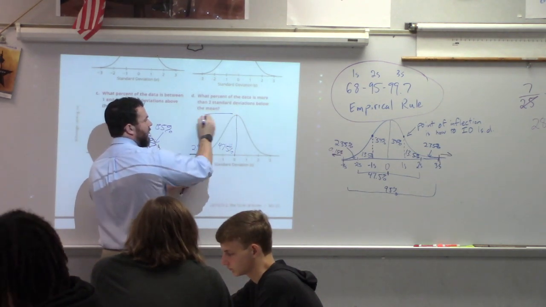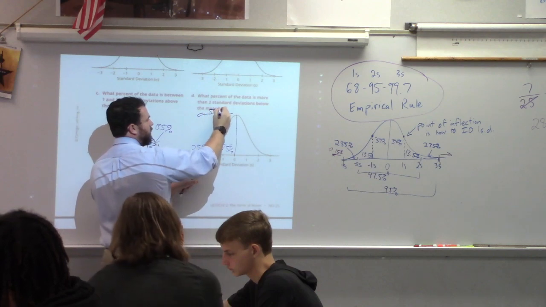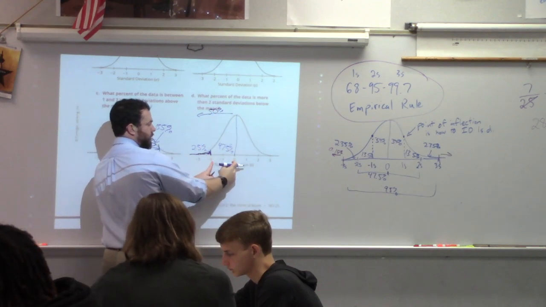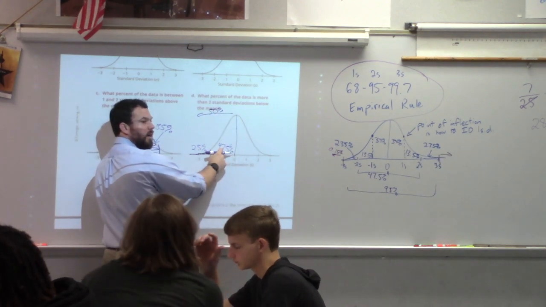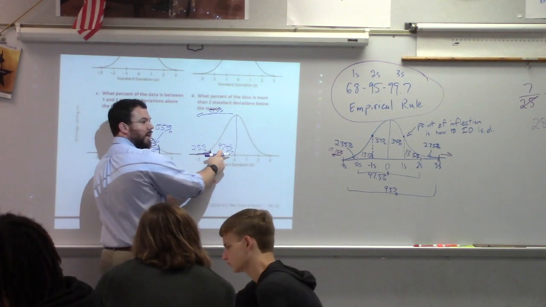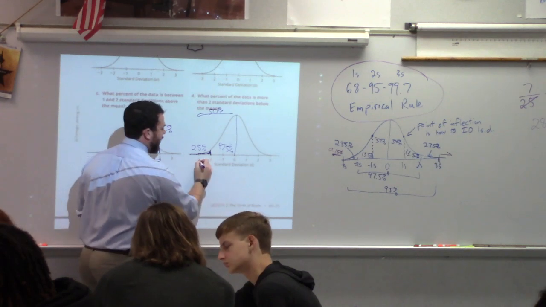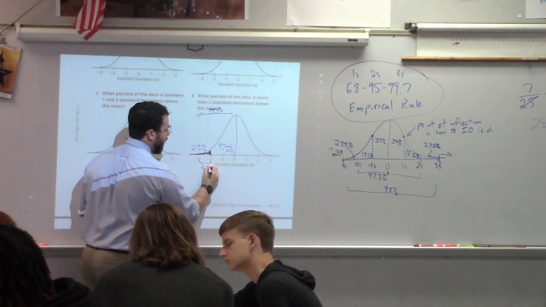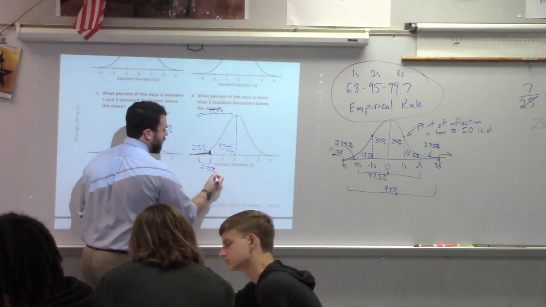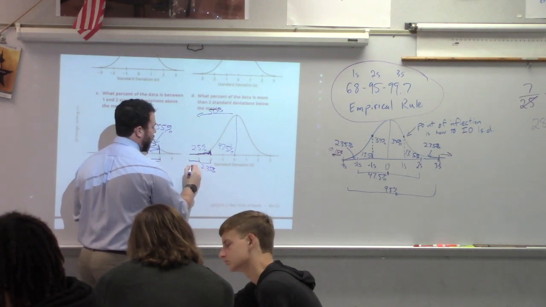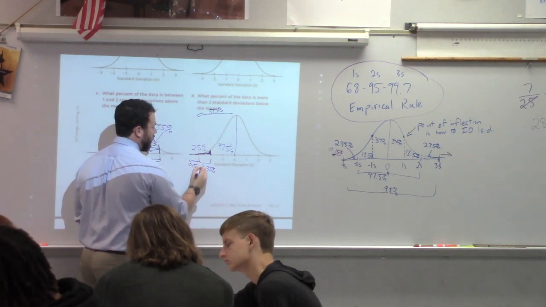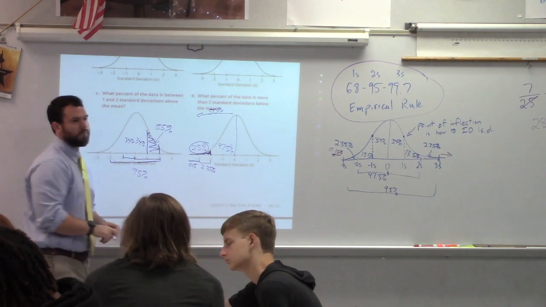Remember, half is to the left. And then we all recognize that between 0 and -2 is 47.5, right? So what do I need to add to it to get to 50? 2.5. Which notice is the 2.35 that we already identified. And then if I include the 0.15 to the left, I get 2.5%.